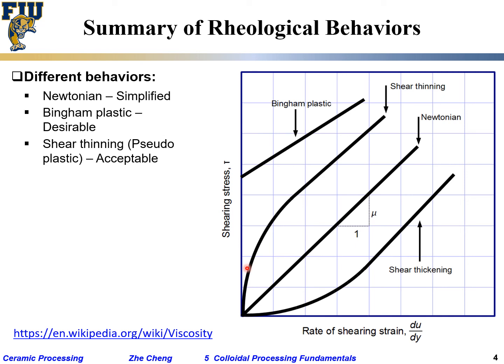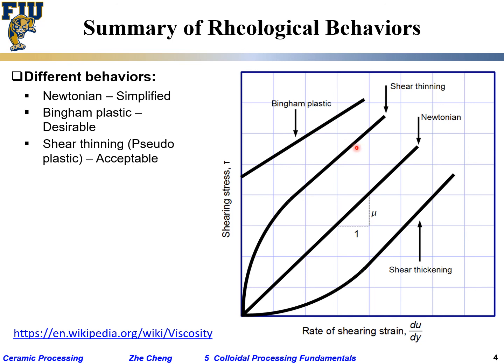Initially, when you apply very low stress, the viscosity is high. It doesn't really want to flow. But then as you apply higher and higher stress, my slope becomes what? In this region versus this region, my slope becomes lower, right? Which means my viscosity drops.